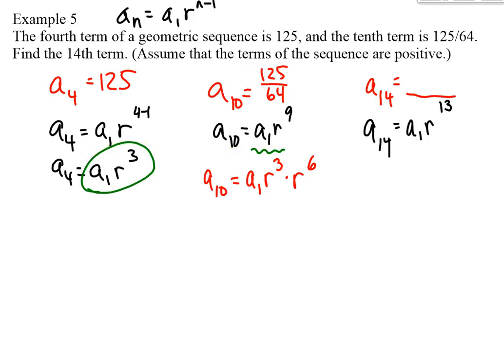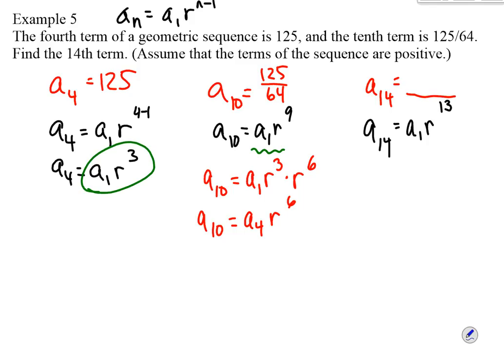So maybe I'll write this one more time. a sub 10 is a sub 4 times r to the 6th. The reason I'm doing it that way is because I know a sub 10 is a number, and I know a sub 4 is a number, and then I just have the variable r that I can solve for.